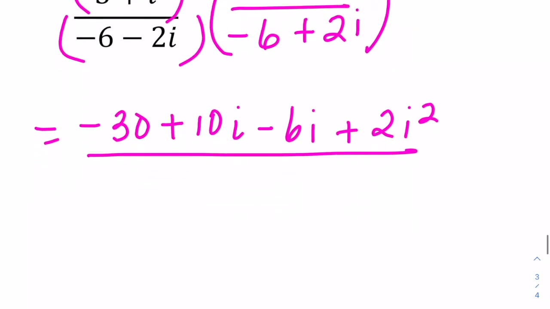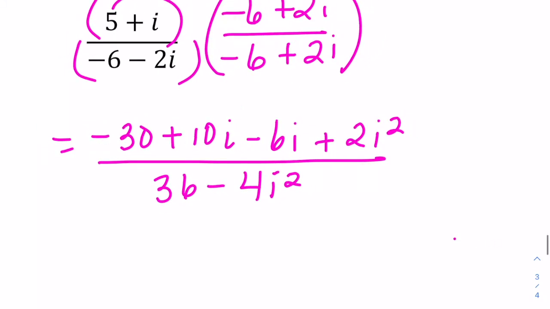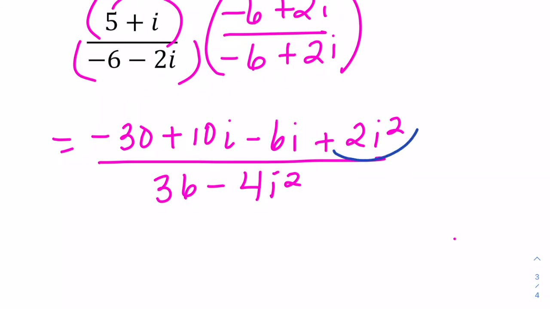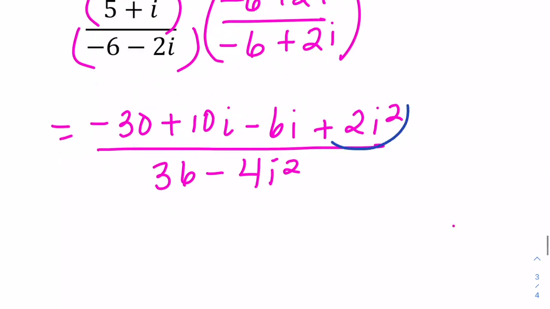In the denominator, we'll get 36 minus 4i squared. So we can tell in the top, this 2i squared is going to become negative 2. And this 4i squared becomes negative 4.